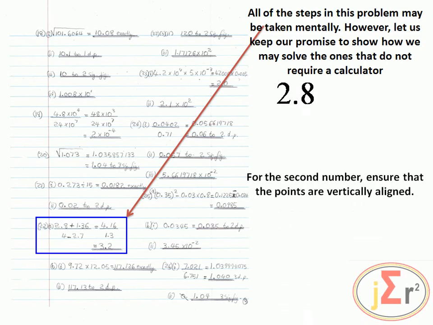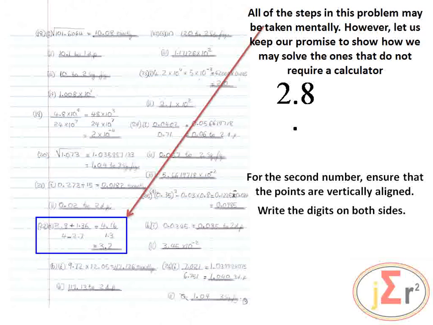For the second number, and by the way, what are we doing? This is what we are doing. 2.8 plus 1.36. That's what we are doing. So for the second number, ensure that the points are vertically aligned. We are adding those numbers and we are ensuring that the points are vertically aligned.